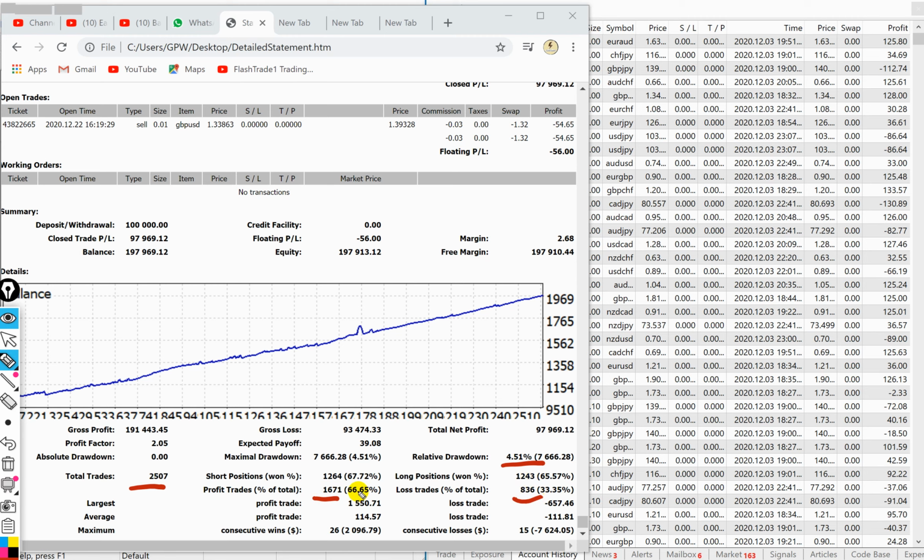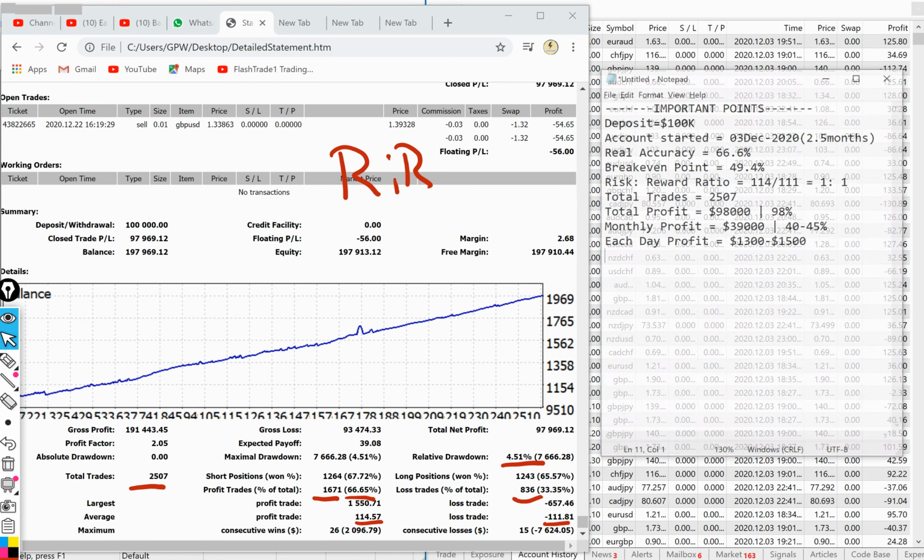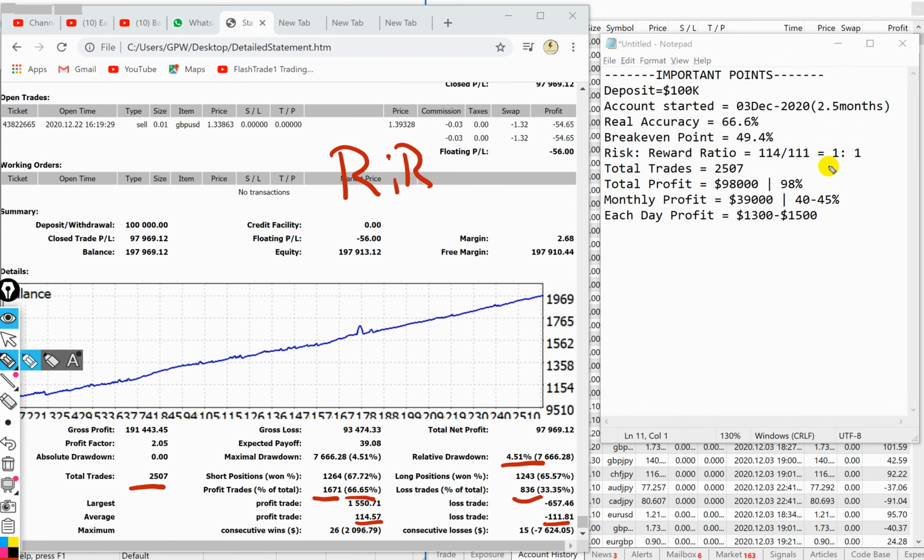So it gives the real accuracy of the account 66.6 with an average profit of 114 and average loss of 111, which takes the risk reward of the account to 1:1. Real accuracy is 66.6, while break-even point, which you can find using average profit and average loss, is 49.4.